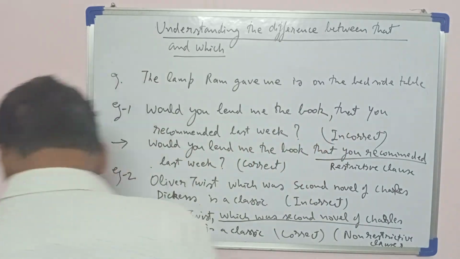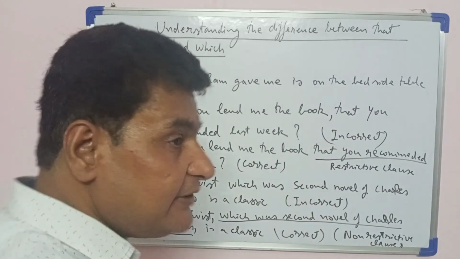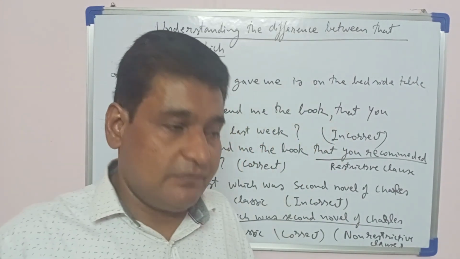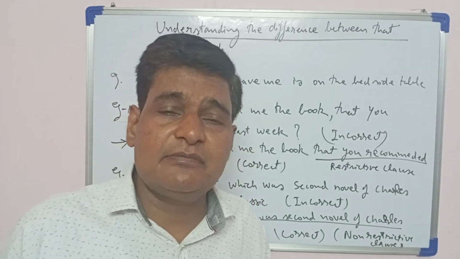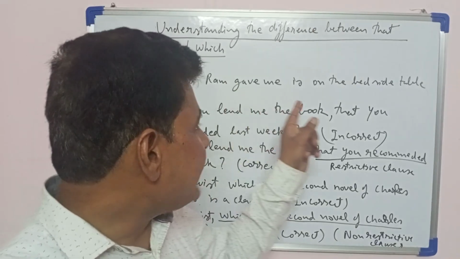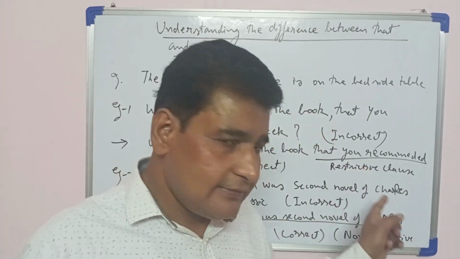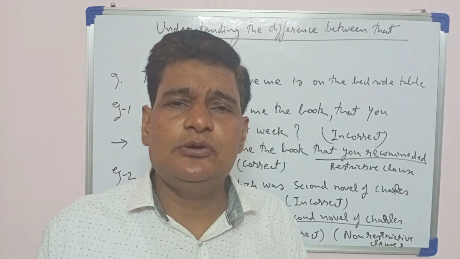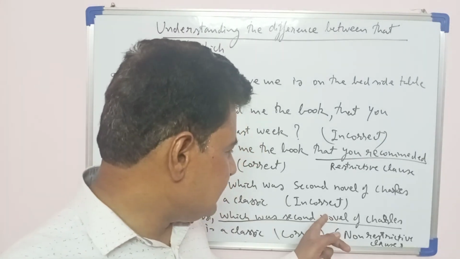So here we got another important difference between restrictive and non-restrictive clauses, which is this one: that will always be used in the restrictive clause and which will be used in the non-restrictive clause.